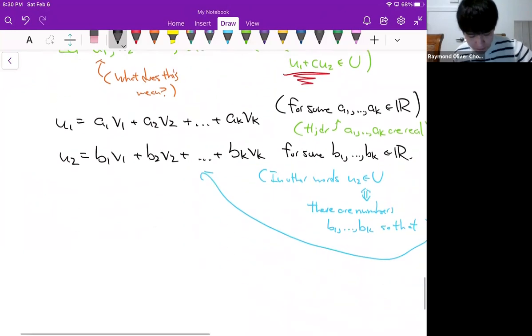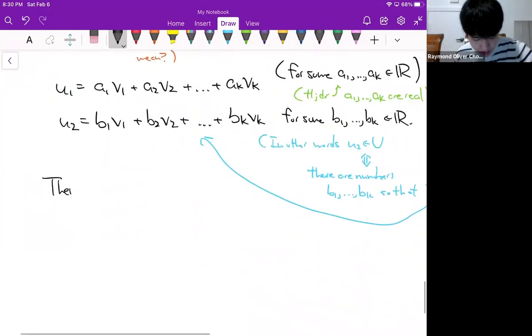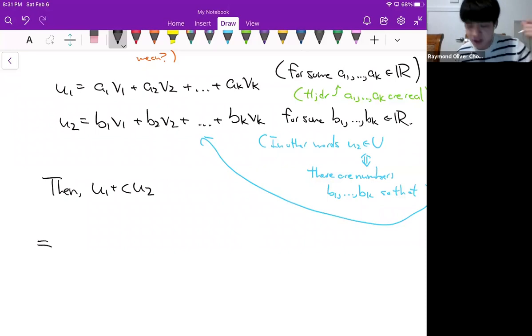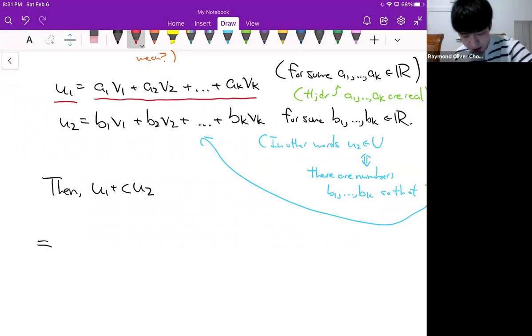So let's just do that. U1 plus C times U2. Just like in the previous example, we're going to take this and replace it with that, right?